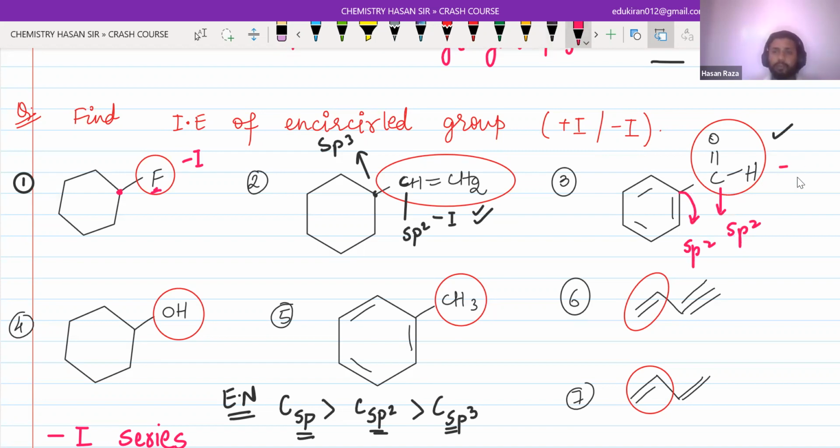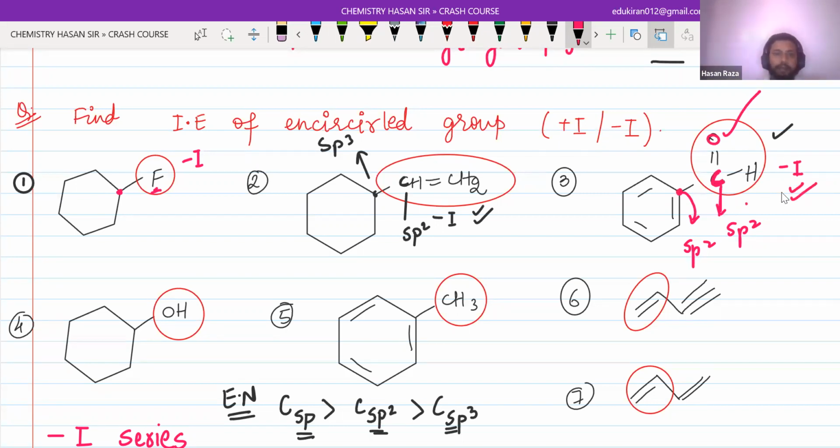But still this will show minus I because this carbon is connected to a second most electronegative element, oxygen. So this oxygen will withdraw electron from this carbon, and that's why there will be deficiency of electron on this carbon. And since there will be deficiency or hunger of this carbon, that's why it will act as minus I.